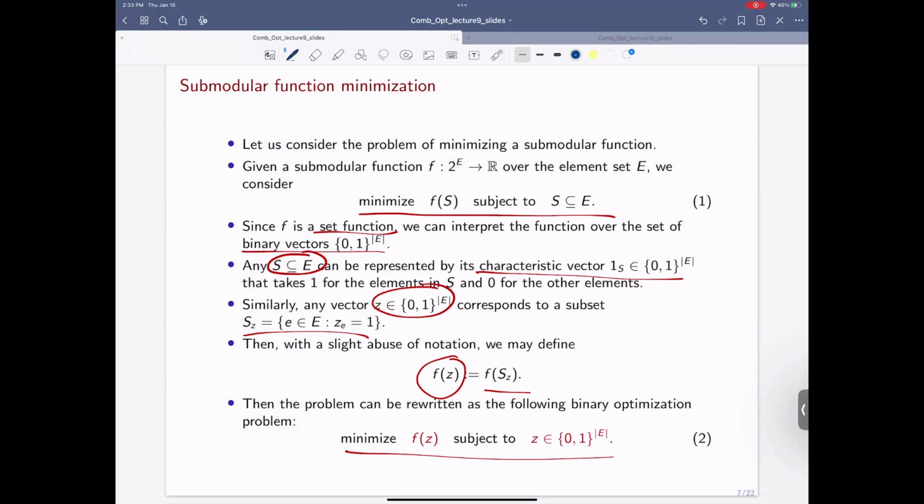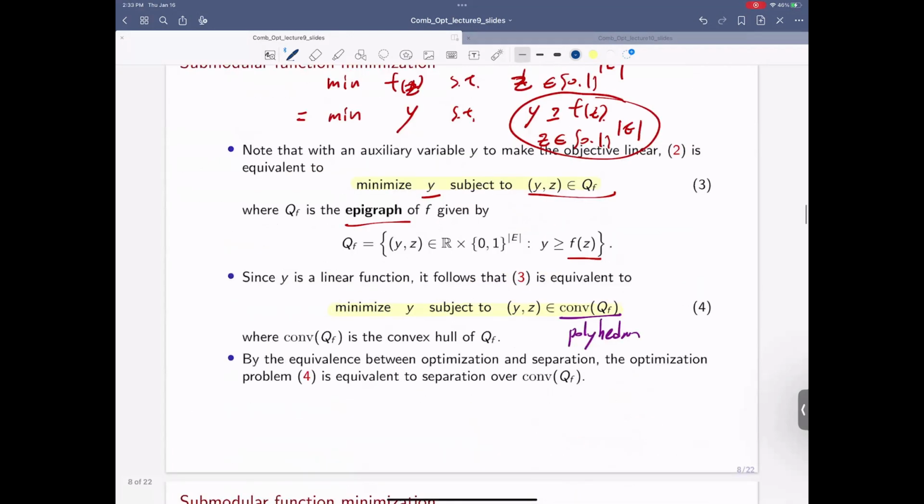I have an integer program. But now you can define this mixed integer set by linearizing the objective. I have a linear objective y. Now, because I have a linear function in the objective, and I have some mixed integer set, you can take the convex hull that gives you the same problem. Okay, so I have a linear function, and I have a polyhedron.